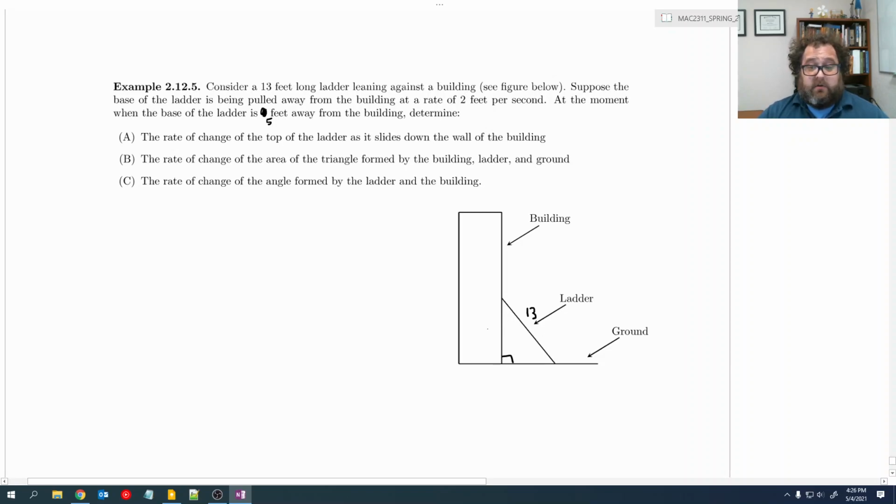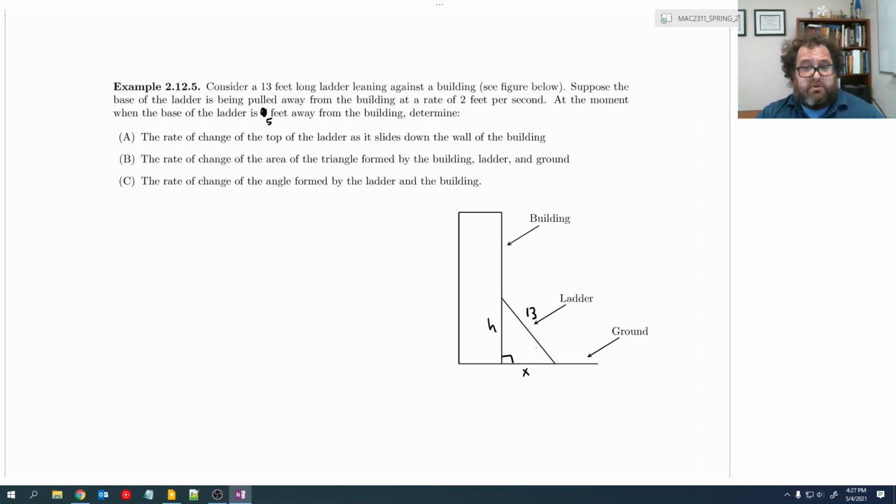It's a right triangle. I'd probably call this H. I would call the base B, but that's going to look weird with D's and B's. Let's just call that X, the base X. And it doesn't really matter how you label these, as long as you remember what your letters mean.